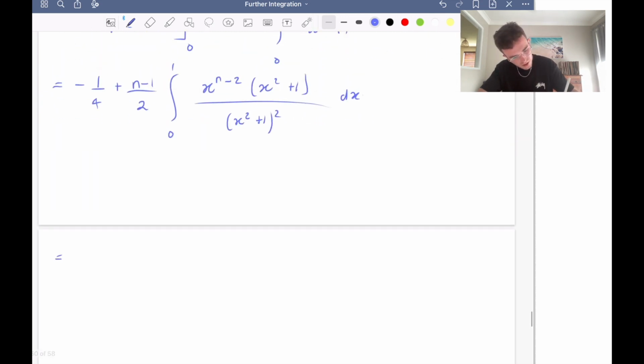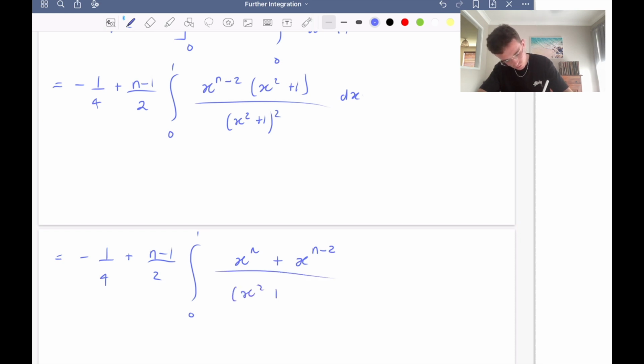And that's going to equal minus 1/4 plus n minus 1 on 2, the integral from 0 to 1 of, if we expand that, we're going to get x to the n minus 2 times x squared, which is x to the n, plus x to the n minus 2 over x squared plus 1 squared.